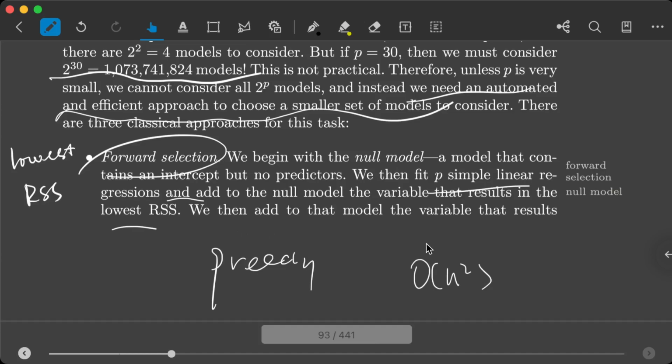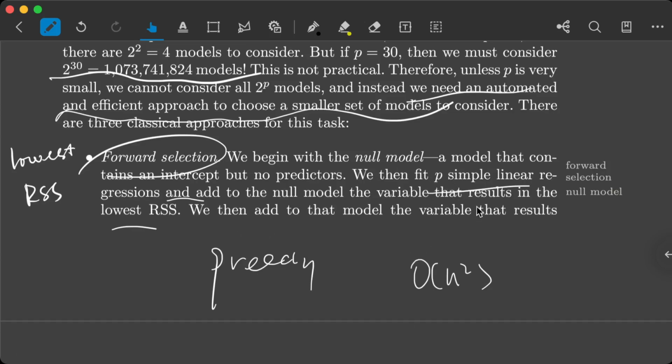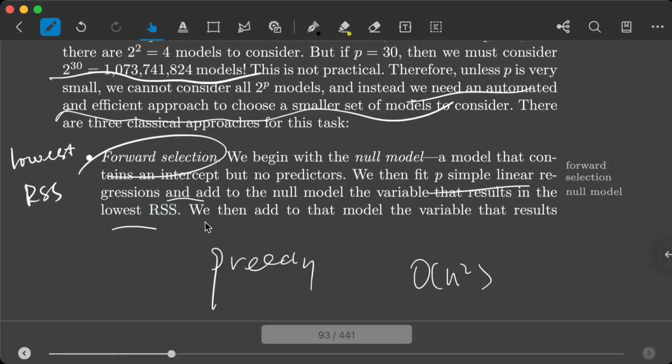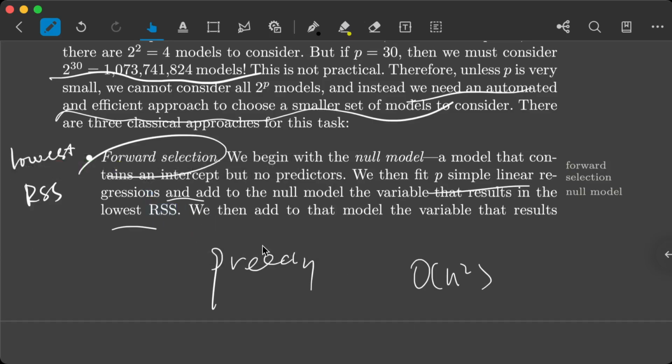In each step, we include one more predictor, fit the data, and calculate RSS. For this step, we select the lowest one. Like we try the predictors one by one, and we find the second one has the lowest RSS. Then we include the second predictor.